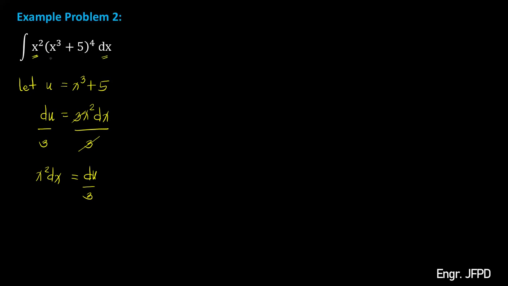Let's now rewrite our original function in terms of u and du. From our original given, we can write this as the integral of the quantity x cubed plus 5 raised to 4 multiplied by x squared dx, wherein x cubed plus 5 is equal to u raised to 4, and x squared dx is du over 3.